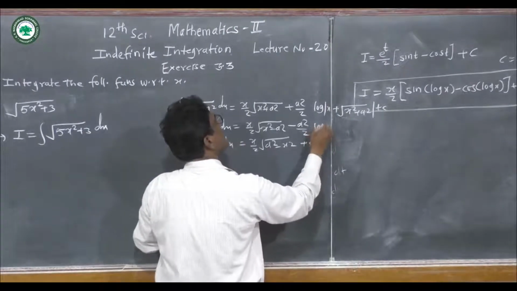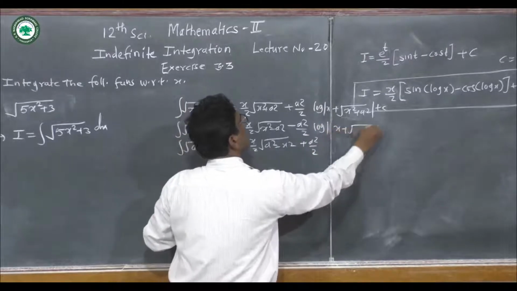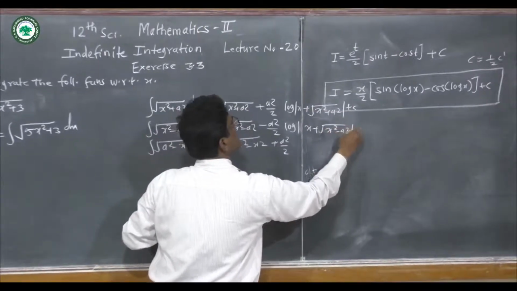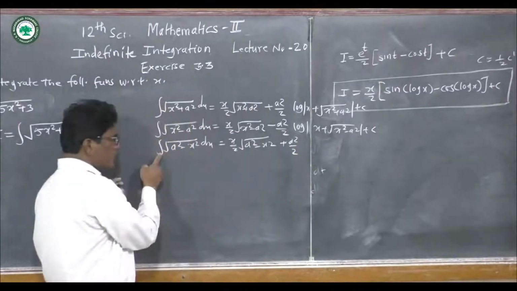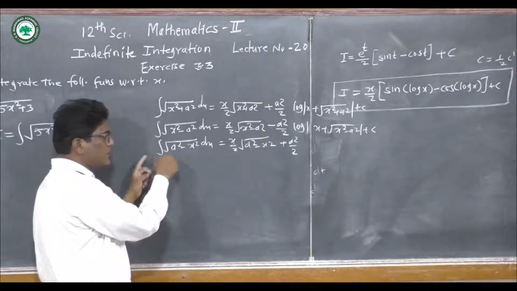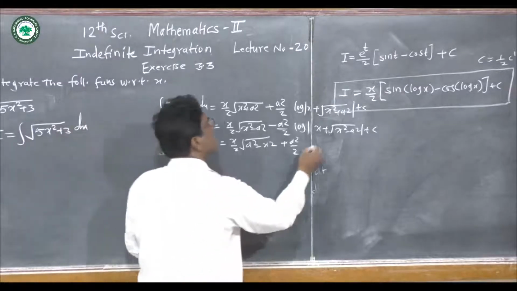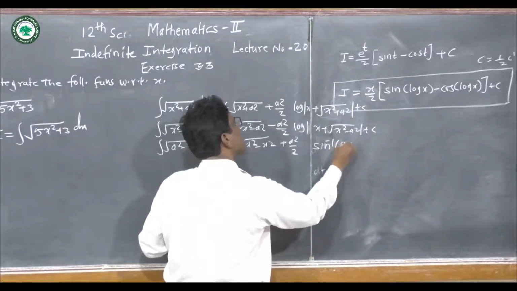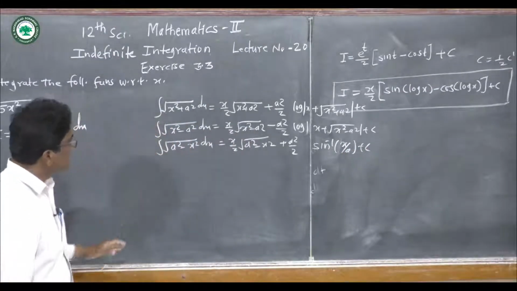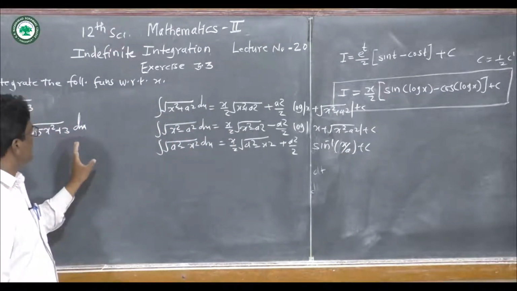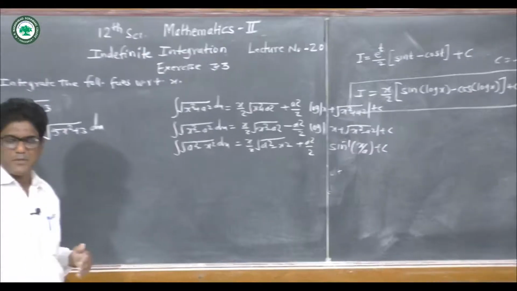It is also log of x plus root of x square minus a square plus constant of integration. And here we use the formula of integration of 1 upon under root of a square minus x square, that is sine inverse of x upon a plus constant of integration. So we have to use one of the formulas to solve such type of problems.